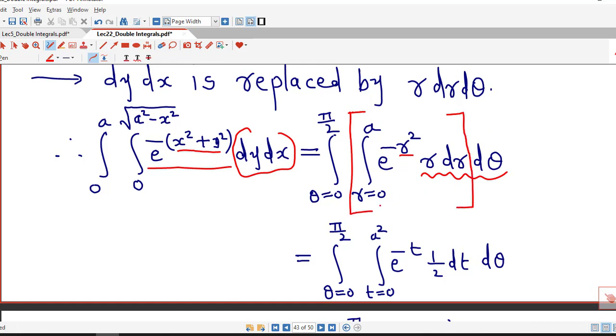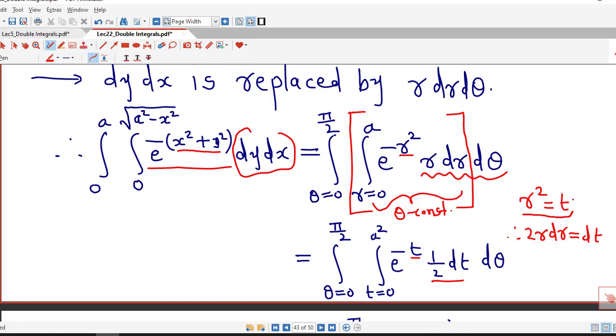So here we will consider theta as constant, and to integrate this e raised to minus r square into r, we use this substitution r square equal to t. So therefore we obtained 2r dr equal to dt, that is r dr is replaced by 1 by 2 dt, r square is replaced by t.